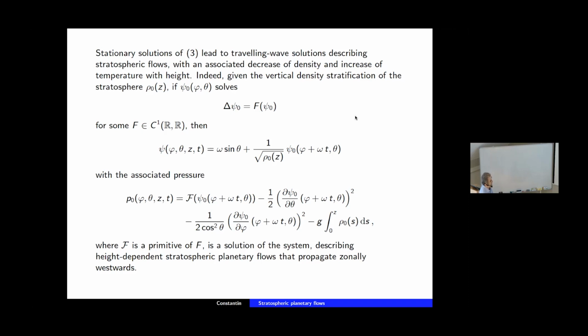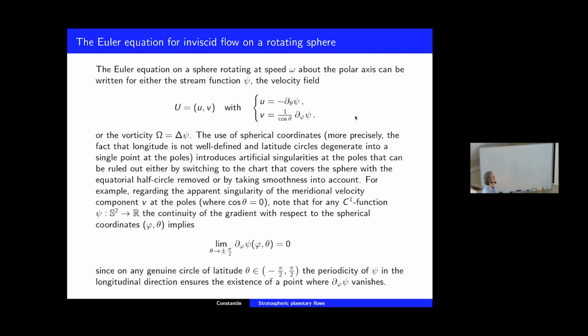This is the traveling wave here, and this is the z-dependence to stack them on top of the other, and this is the associated pressure, and you can write the formula for the temperature also if you want to.